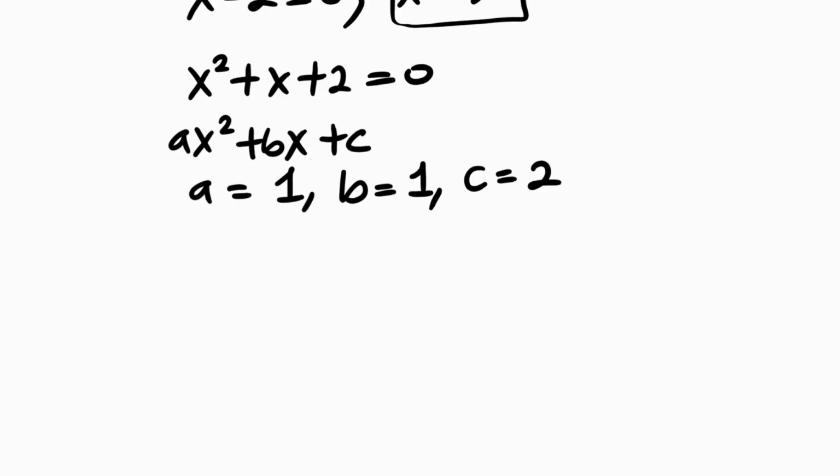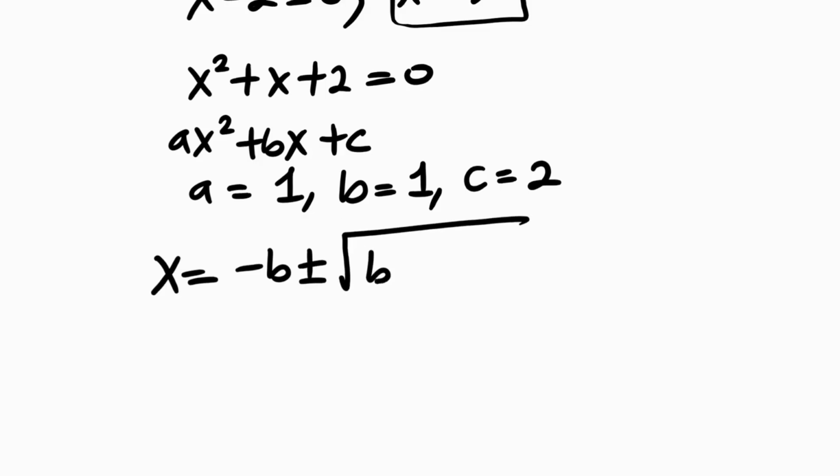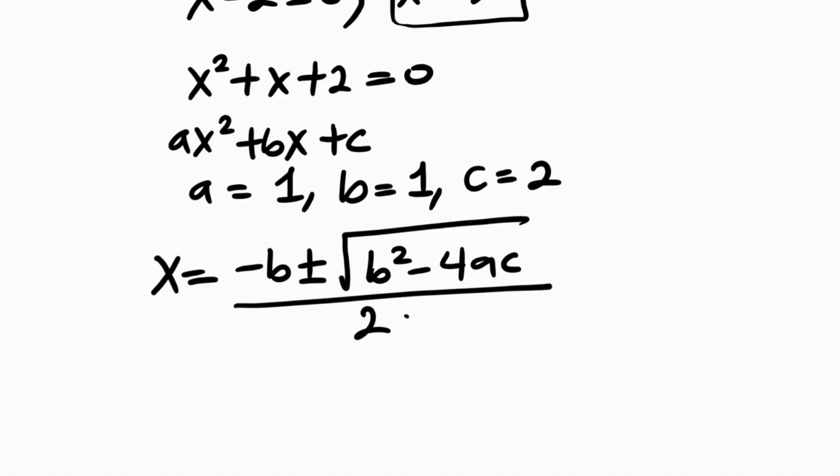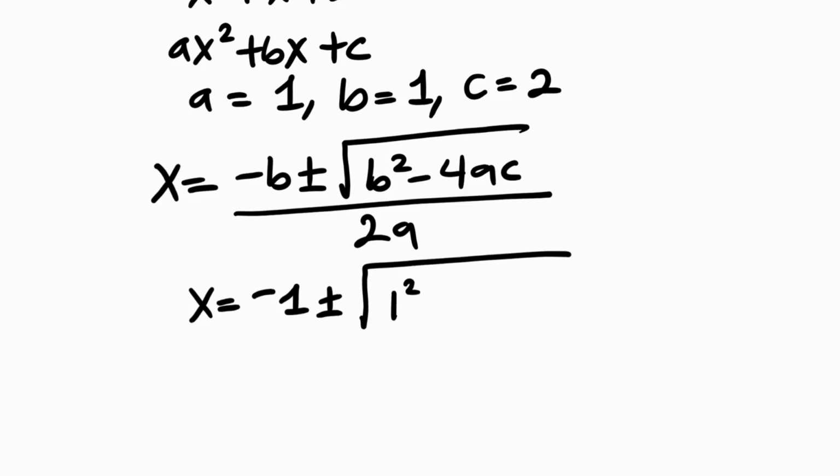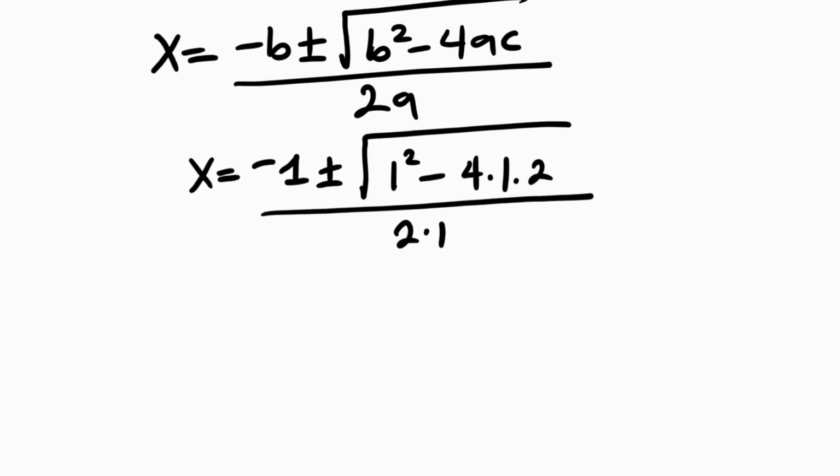So our quadratic formula states that x is equal to minus b plus or minus the square root of b squared minus 4ac, divided by 2a. So x is equal to minus 1 plus or minus the square root of 1 squared minus 4ac, divided by 2a, right?